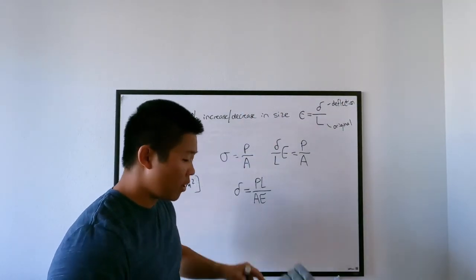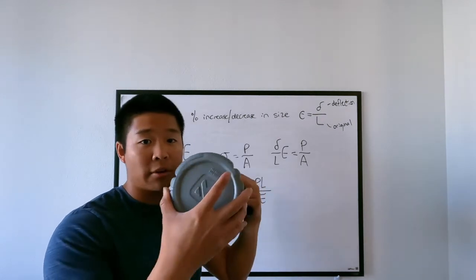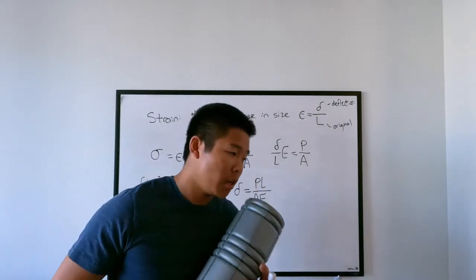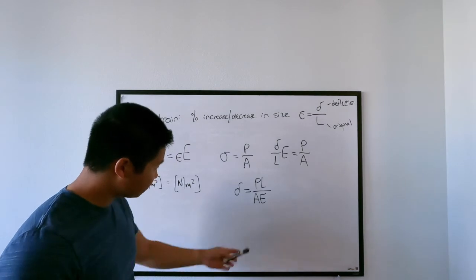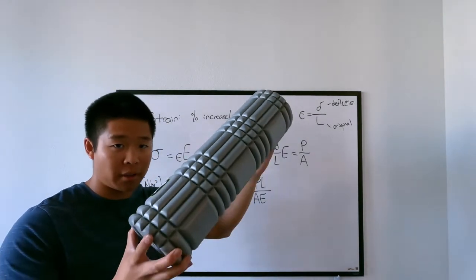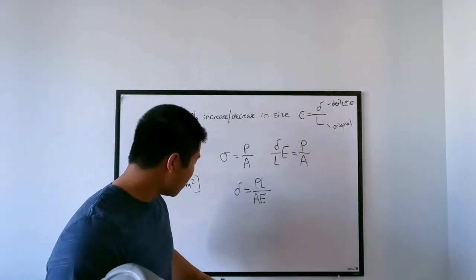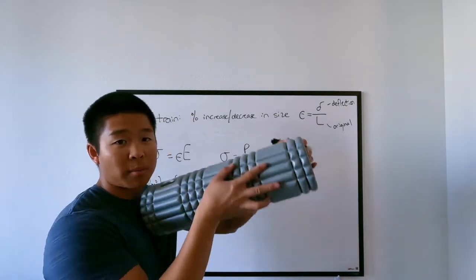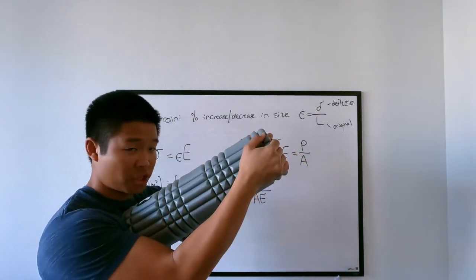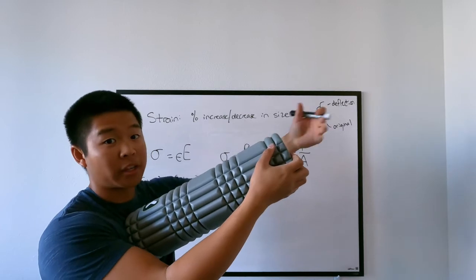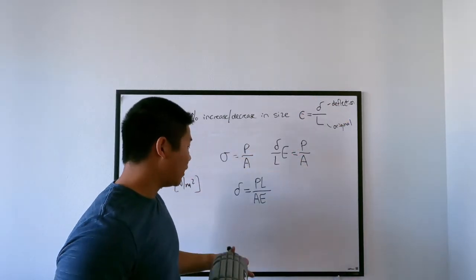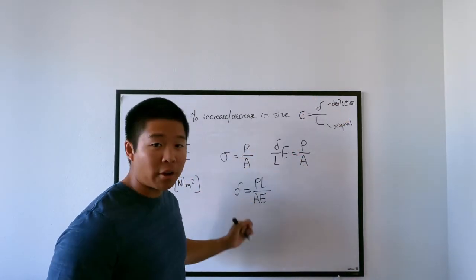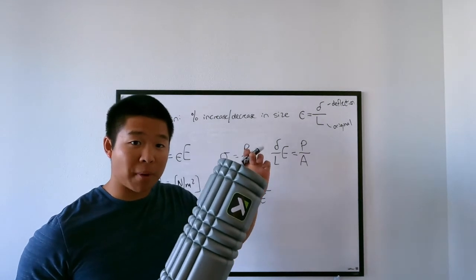I can calculate the cross-sectional area using pi r squared, and I can measure the length. I think it's an 18-inch foam roller. And then the amount of force: how much force can I push on it, compressing or pulling on it? If I know all those values, I can calculate how much it's going to stretch by.